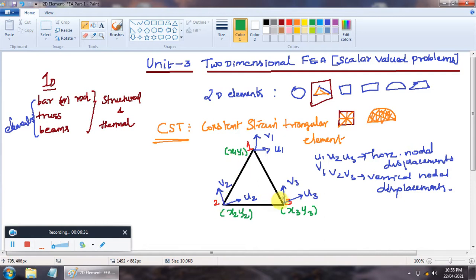Clearly the coordinates of the vertices 1, 2, 3 are the coordinates of the nodes.